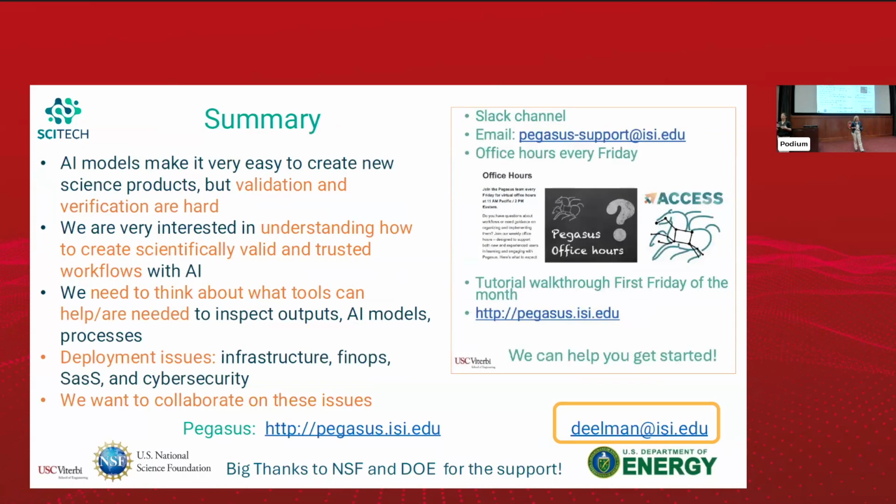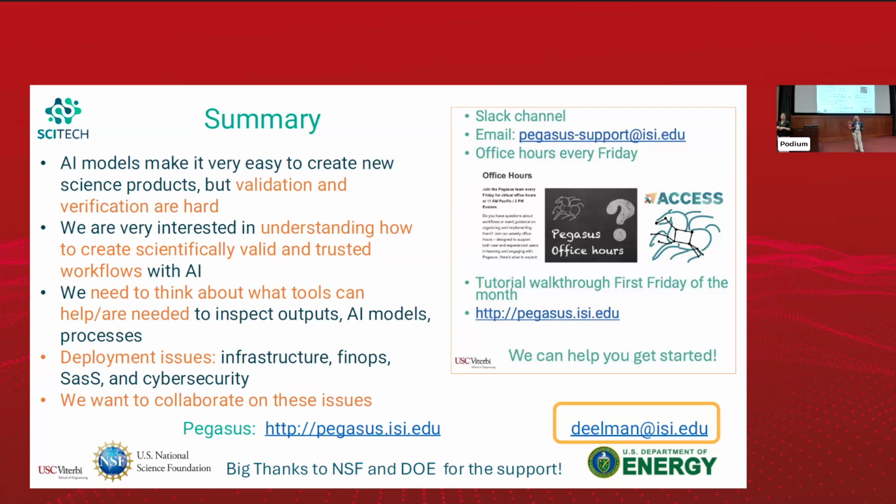So in summary, AI models make it very easy to create new science products. But really, the validation and verification are hard. It's a little bit easier when we're talking about workflows, because you're talking about high-level recipes that have the science code inside. So if the science codes are correct and you can inspect the recipe, the outcome is likely to be correct as well.